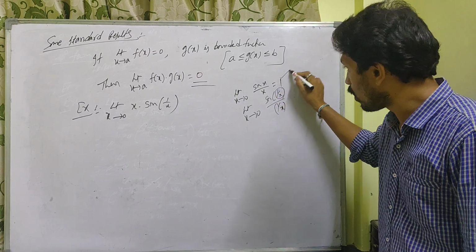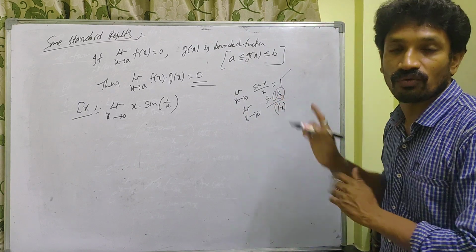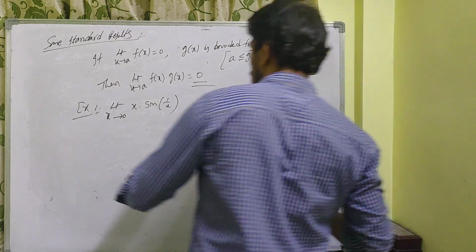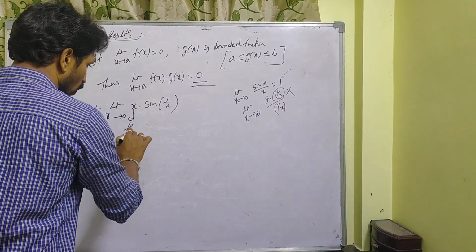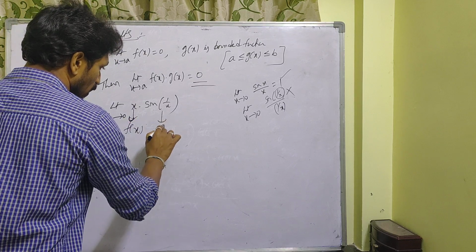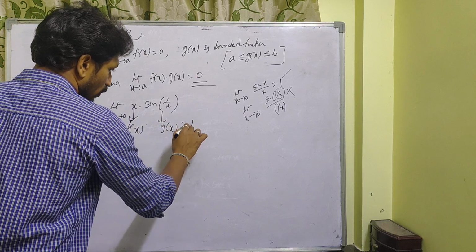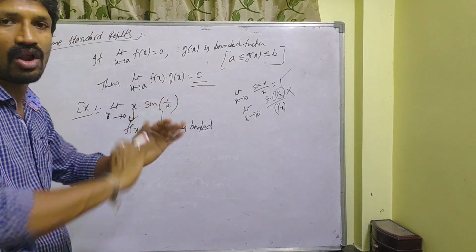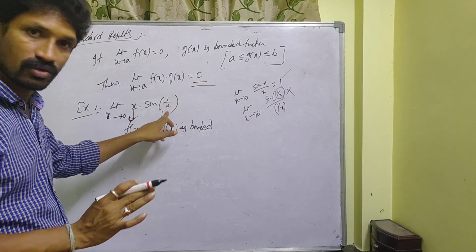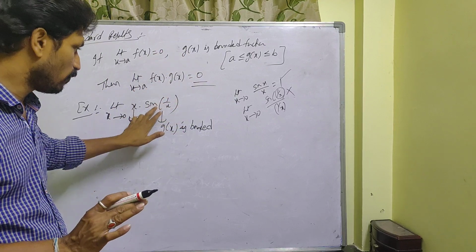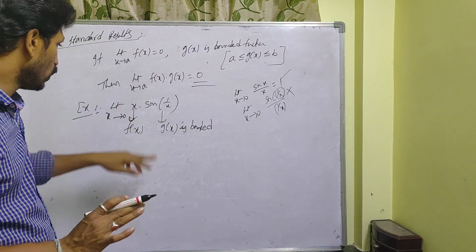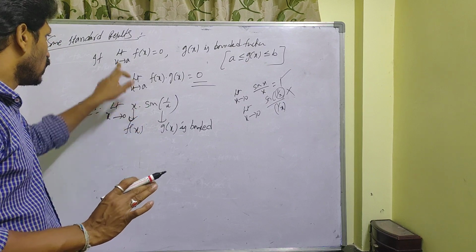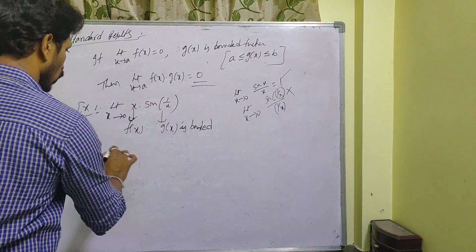We should apply that formula only when it is sine 0 by 0 form, so this is not the correct way. Just understand, this x is considered as f of x, and sine of 1 by x is considered as g of x, a bounded function, because sine of any value always lies between minus 1 and 1. Here don't observe 1 by x, observe the sine function. As x tends to 0, x is 0, so this value becomes 0.